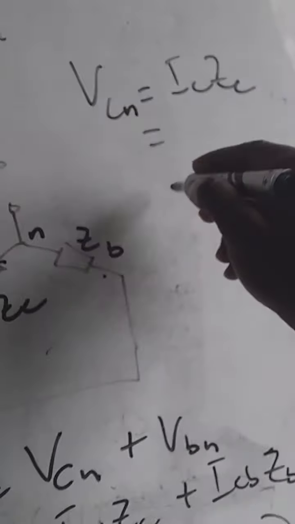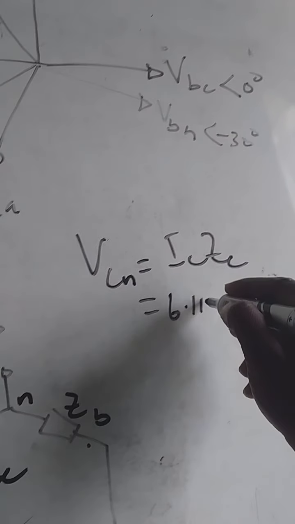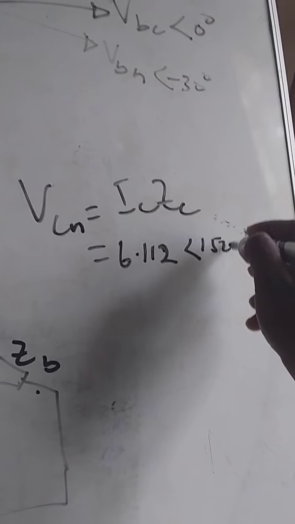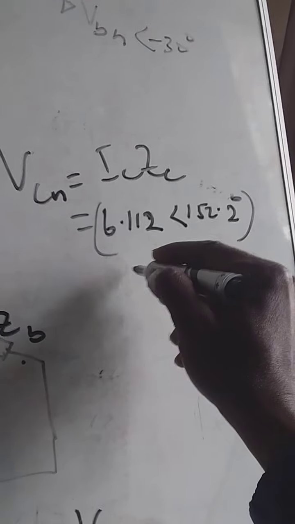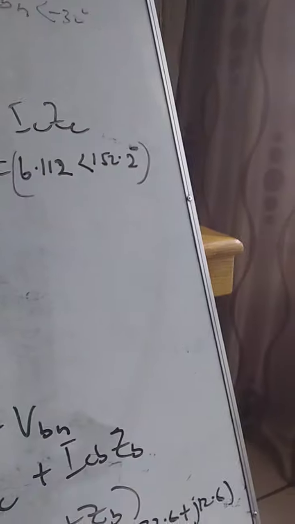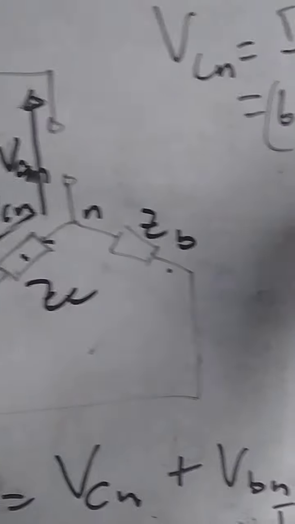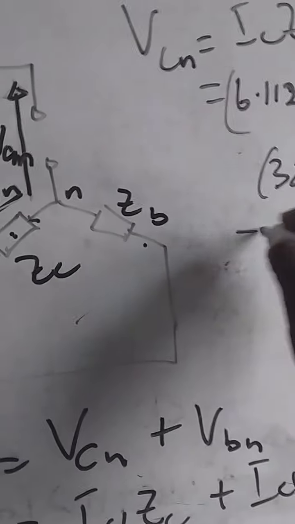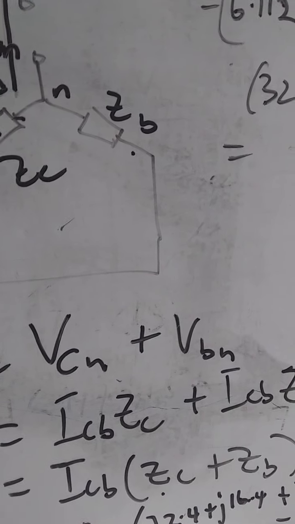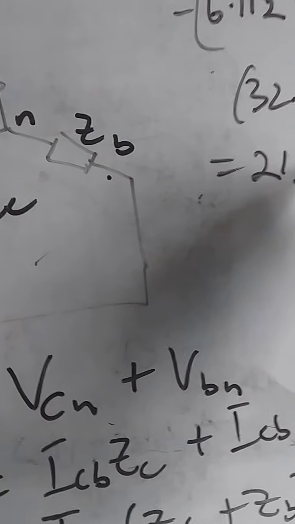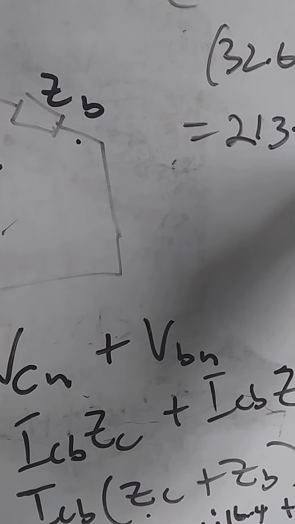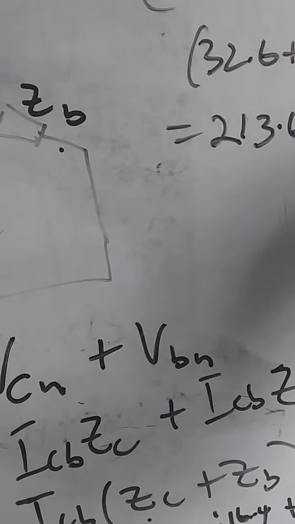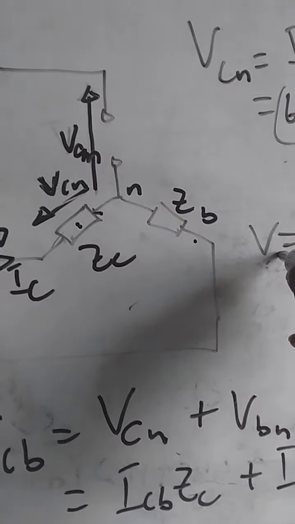Our IC is ICB, which is 6.112 at angle 152.2 degrees, times your ZC, which is 32.6 plus j12.6. So when calculated out, our VCN is 213.616 at angle 173.33 degrees volts. That is the voltage drop here.